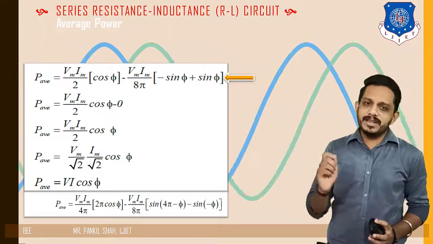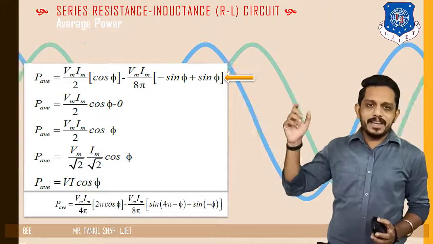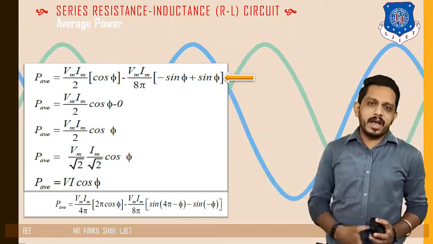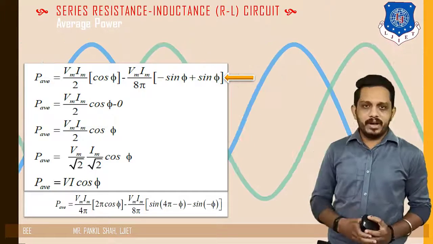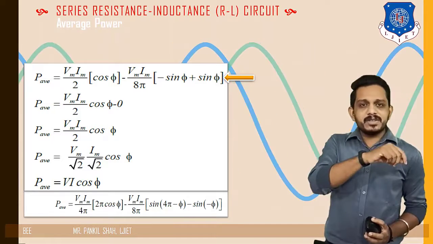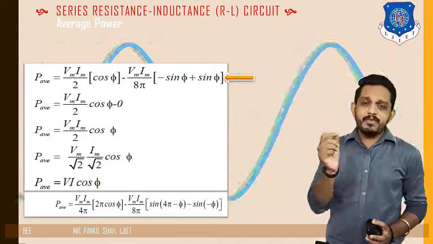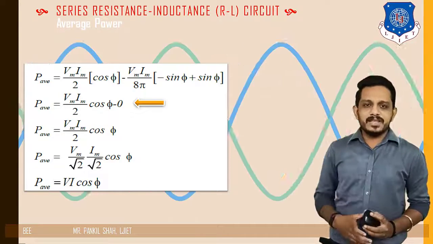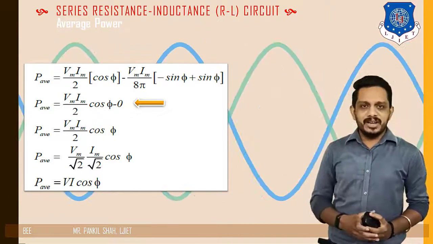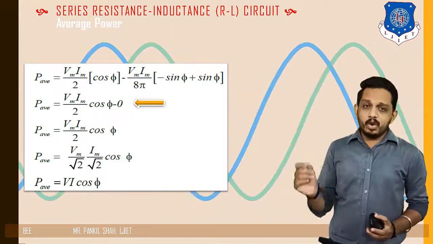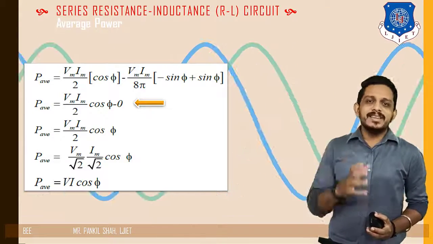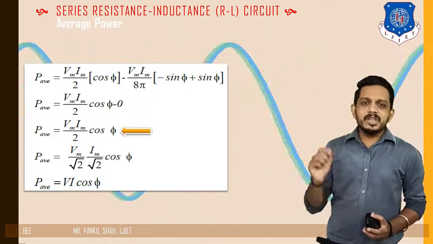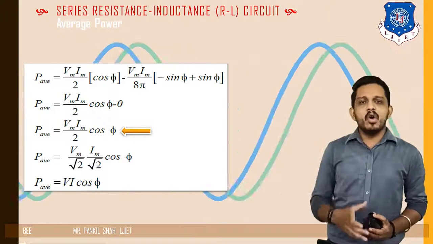There will be a negative sign, minus Vm Im by 8 pi, and in the bracket sin(4 pi minus phi) is nothing but minus sin phi. If we take the negative sign of the second term outside, then it will be plus sin phi. So minus sin phi plus sin phi will cancel out each other. So it will be Vm Im by 2 into cos phi minus 0. That means we only have one single term, Vm Im by 2 into cos phi.